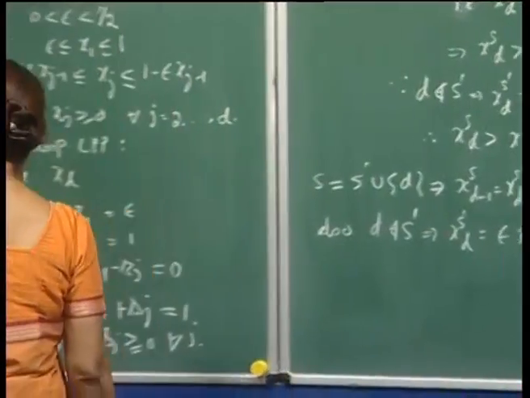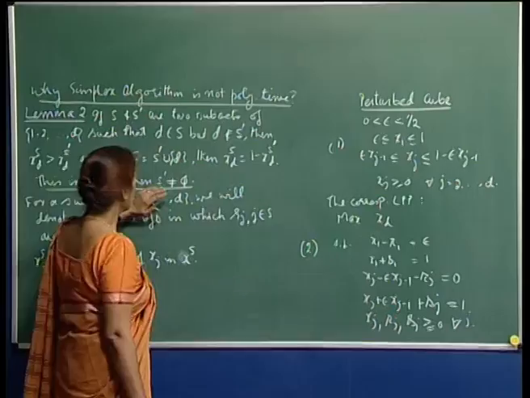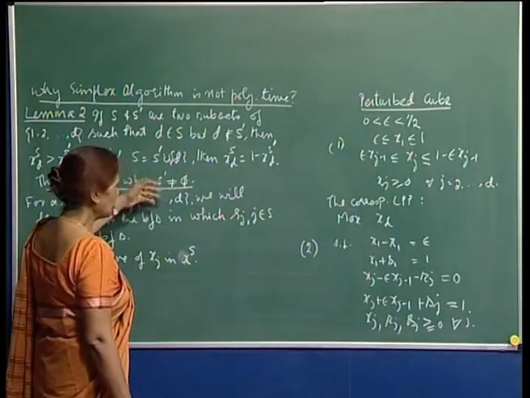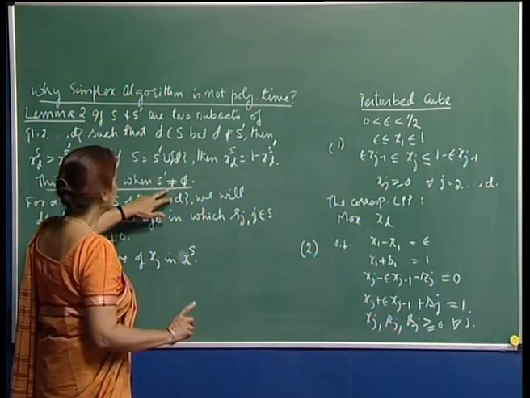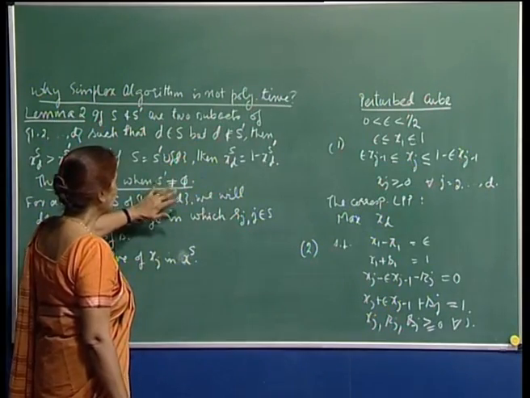First of all, I just want to point out that when I stated this lemma, I did not mention that this is valid only when S prime is not empty. So, we should not apply it in case S prime is empty.